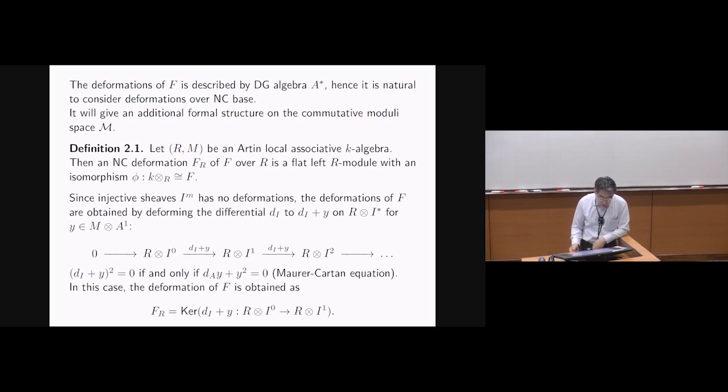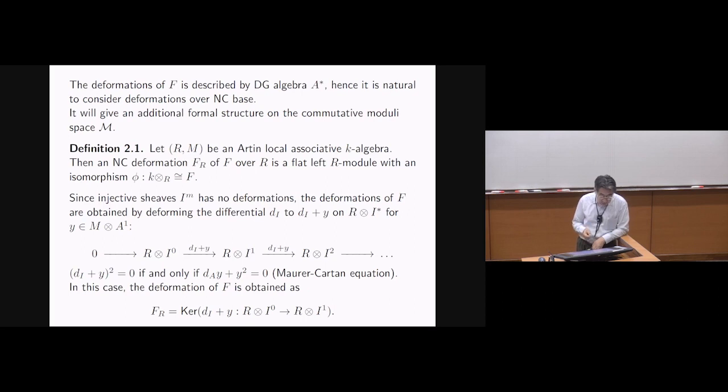And then the NC deformation F_R of F over R is a flat left R-module with an isomorphism. So this is exactly the same definition as the commutative deformation, except that the base is non-commutative.